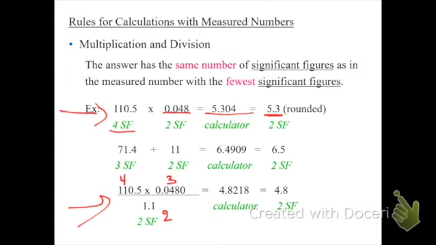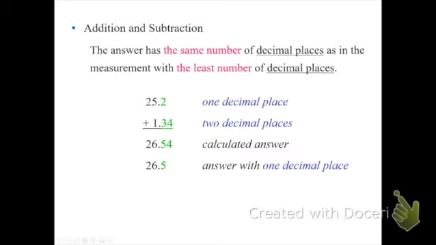Any other questions? Okay, so now we're going to look at the second rule: addition and subtraction. When you are adding and subtracting, the answer has the same number of decimal places as the measurement with the least number of decimal places. So it's almost a similar rule, but this time we are not interested in the number of significant figures.